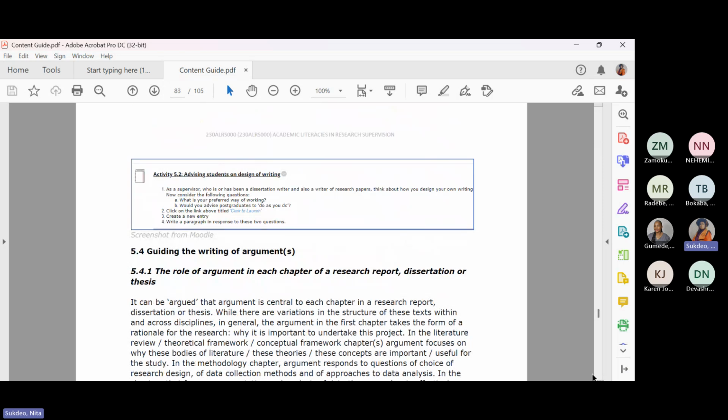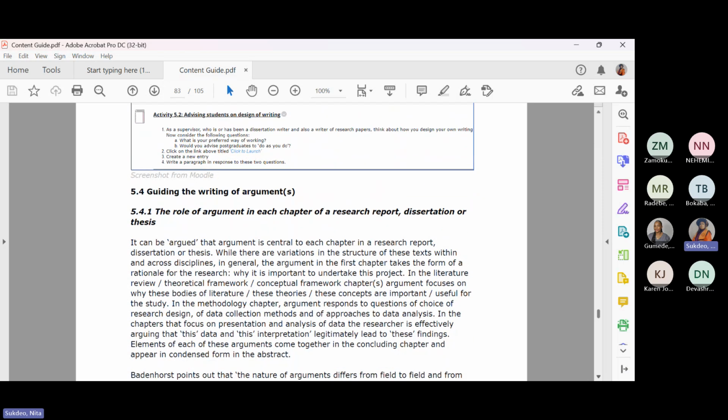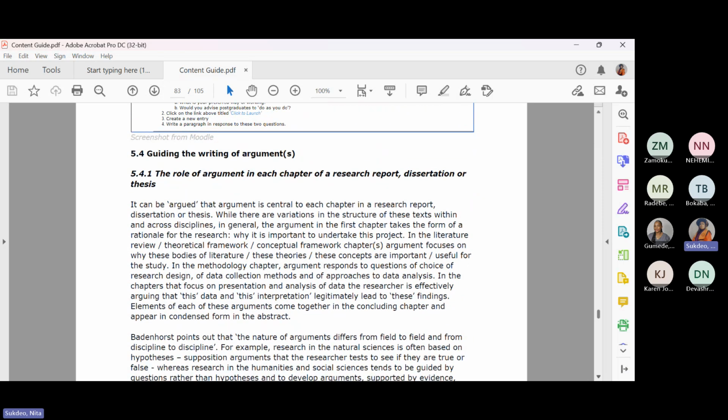Now we're looking at 5.4, which is guiding the writing of arguments. We touched on this and we looked at argumentative writing and guiding the student as a supervisor on how to build arguments. And like I mentioned, we spoke about stating a claim where you're putting in your voice or their voice as a student.